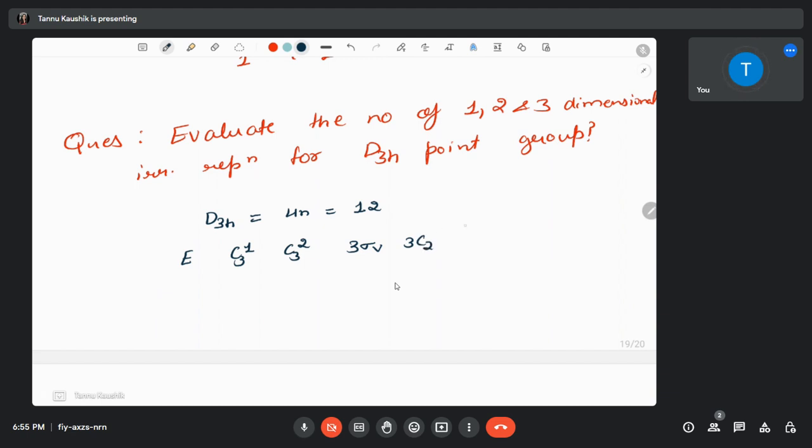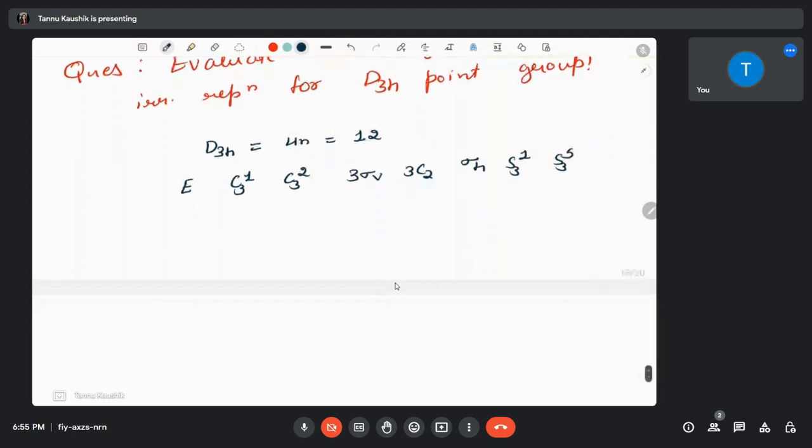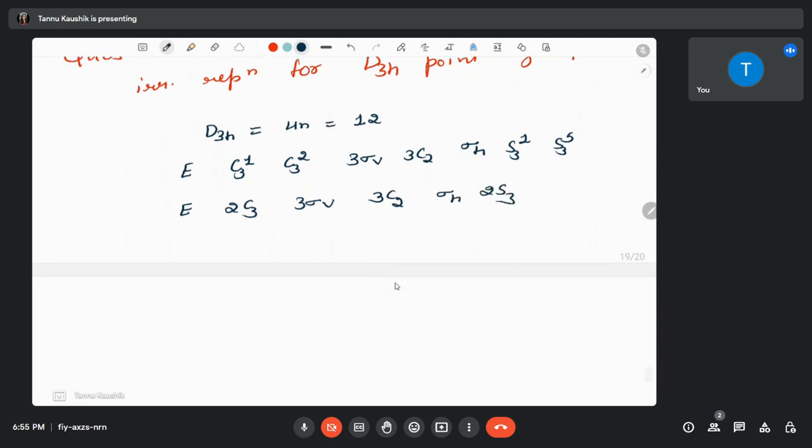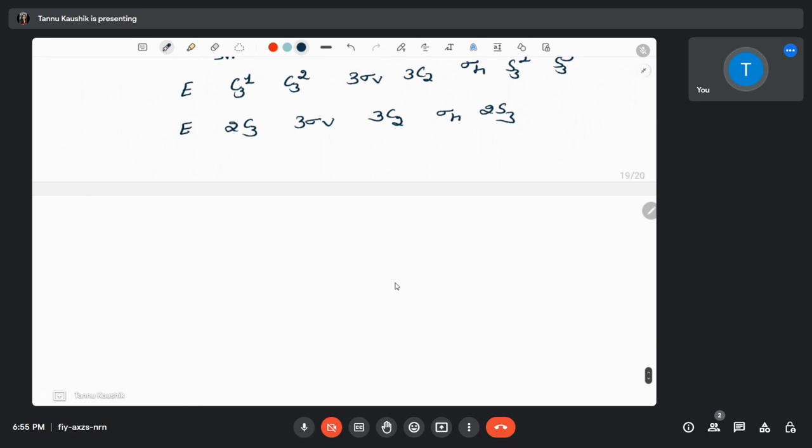So write all the symmetry operations with respect to that point group. Then classify them into classes. Okay, so the number of classes we have is 6.